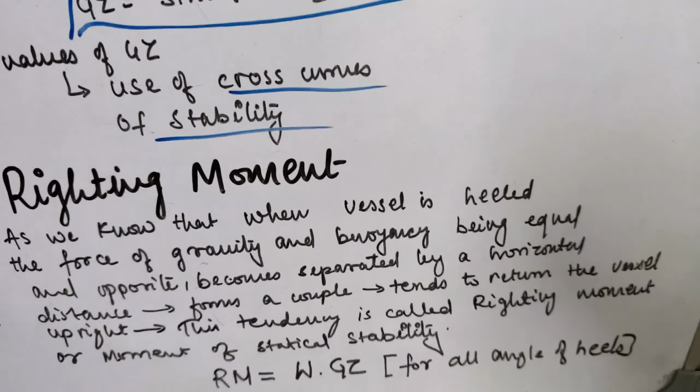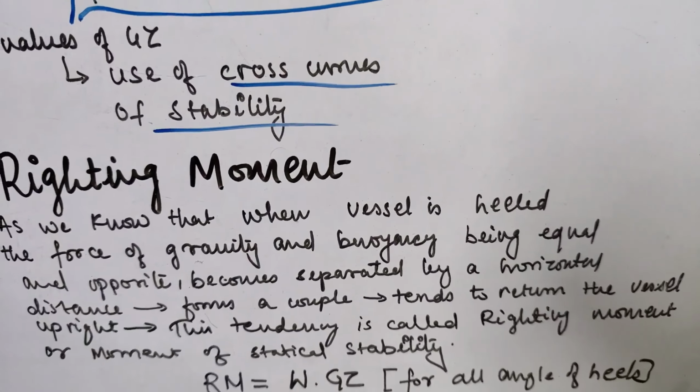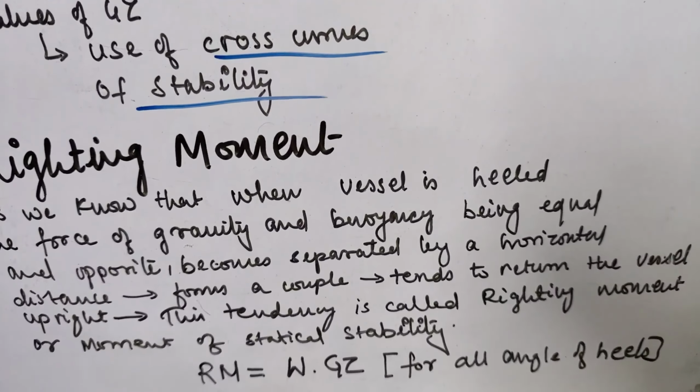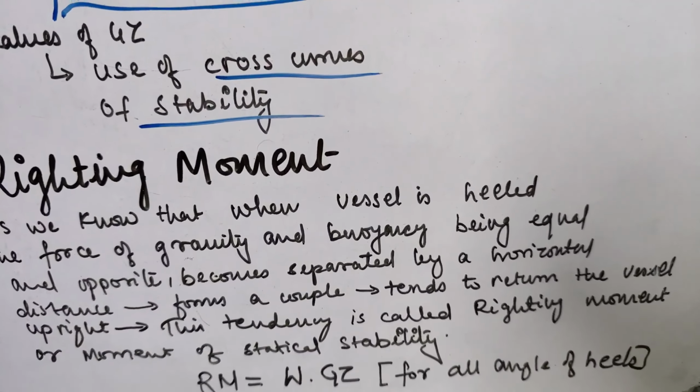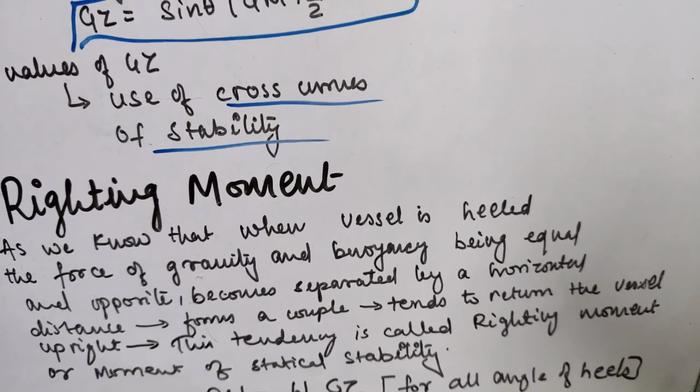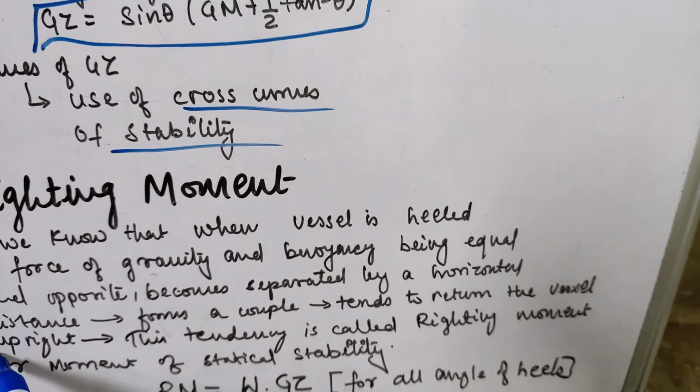Now let's discuss righting moment. As we all know, when the vessel is heeled, the force of gravity and buoyancy, being equal and opposite, become separated by a horizontal distance, and this horizontal distance is known as what? The righting lever. This forms a couple which tends to return the vessel upright.